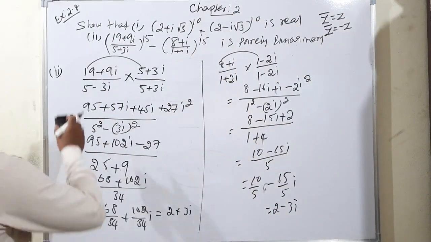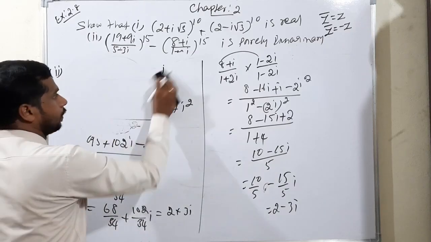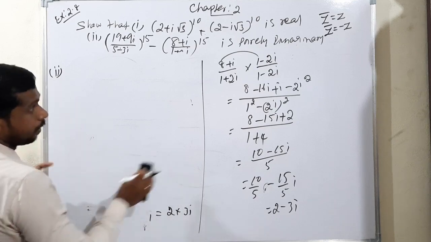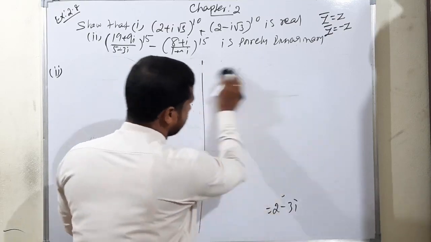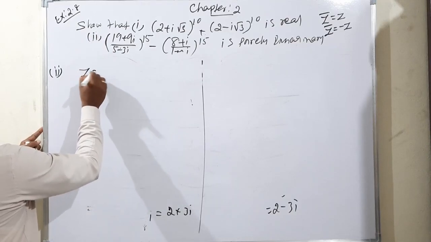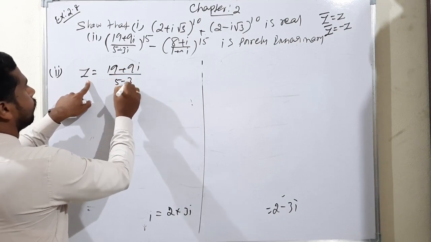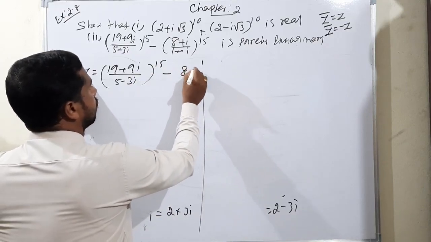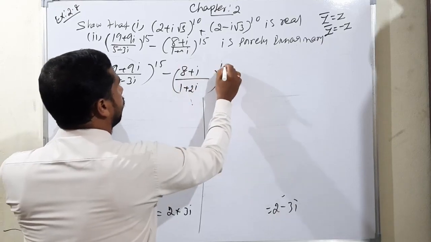Then what is the condition? Actually the whole power 15 is there, isn't it? First, if you take Z considered, it means 19 plus 9i divided by 5 minus 3i the whole power 15, minus of 8 plus i divided by 1 plus 2i the whole power 15.